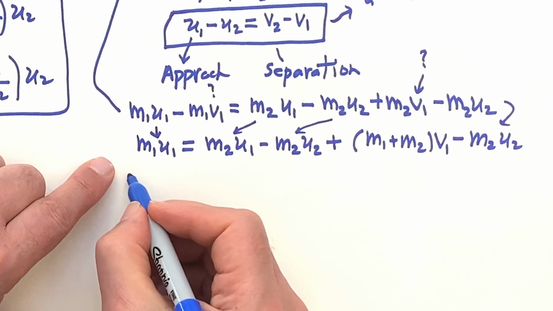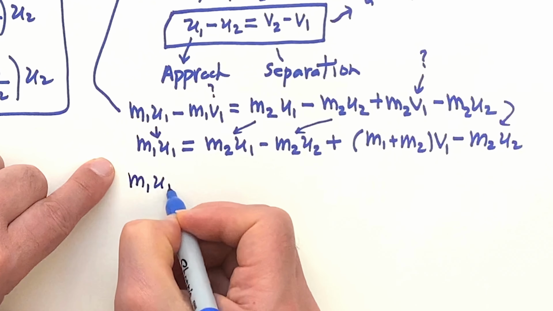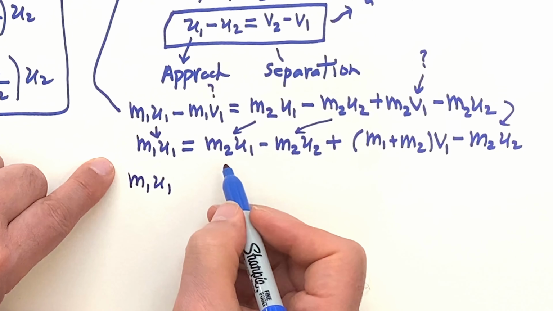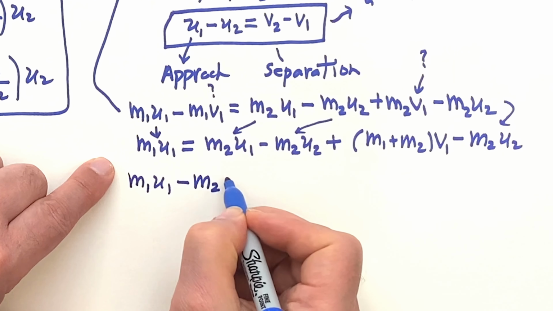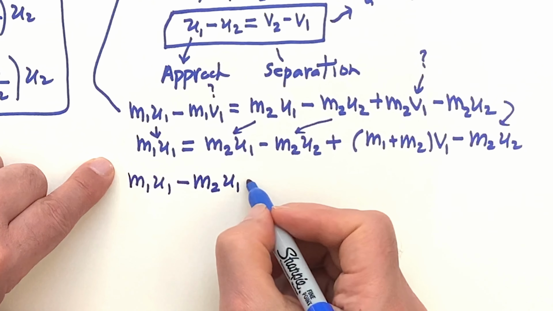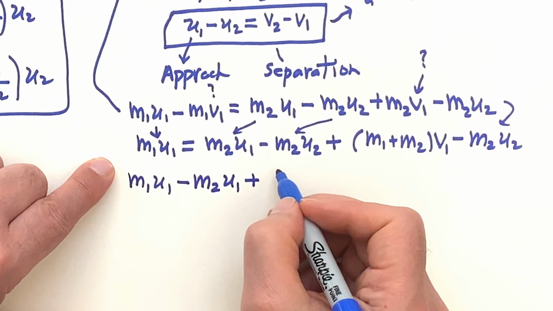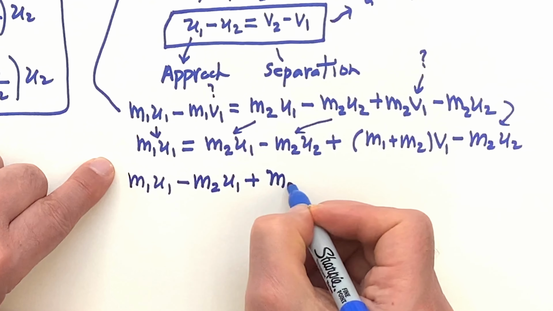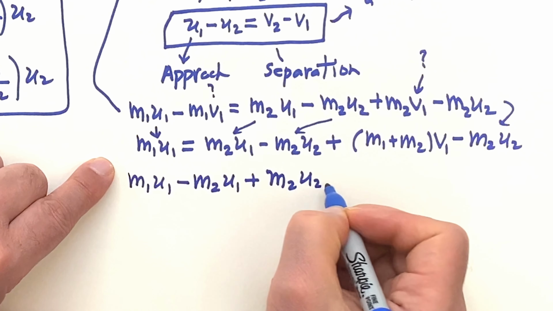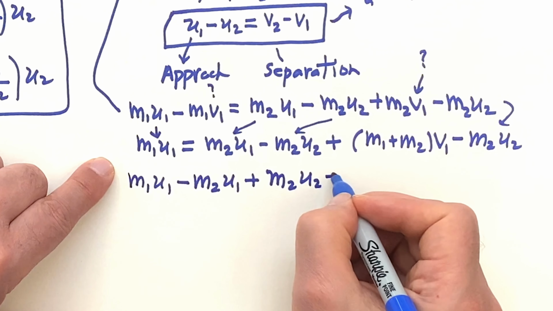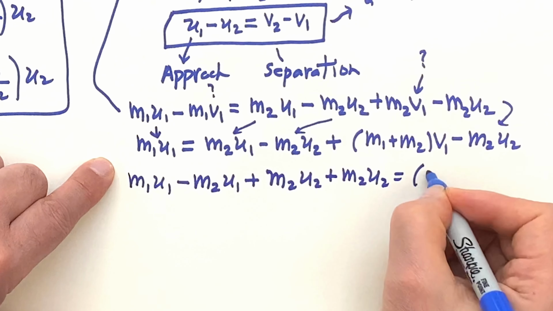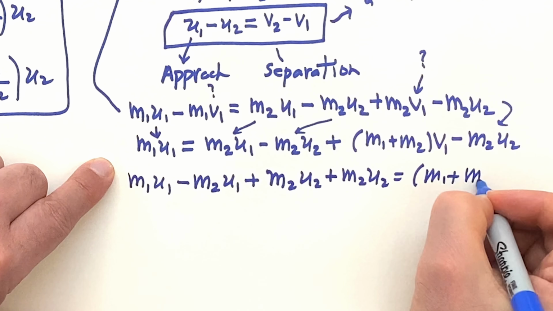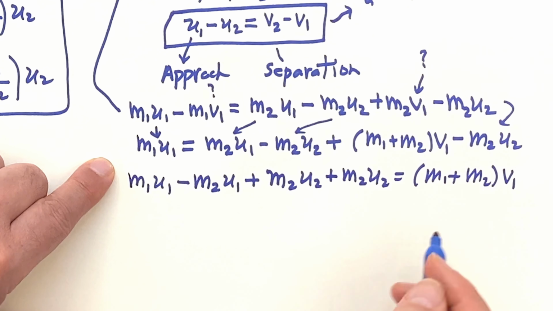All right, so let's say here we have m1u1, and let's subtract m2u1, and let's then add, we're cleaning up the right hand side, m2u2, and then we'll add this one, and that's going to be m1 plus m2 v1.